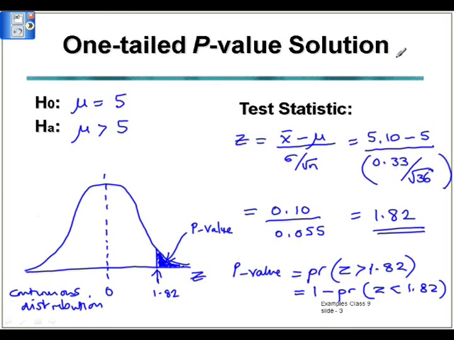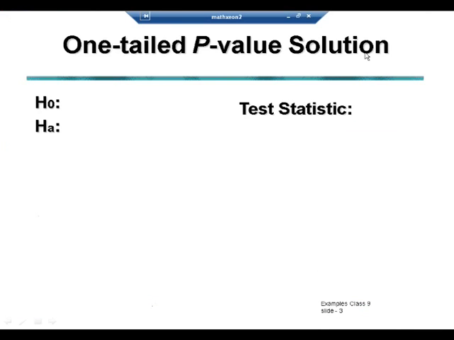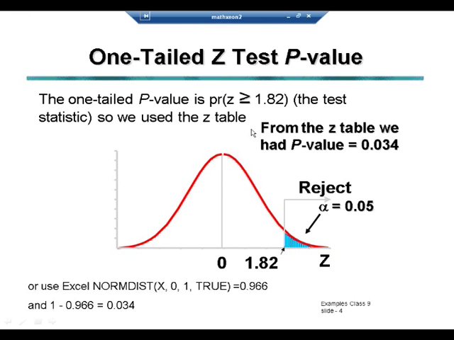So moving on to the next screen here. You can see that our Z table, our p-value score, is the area to the right of 1.82.